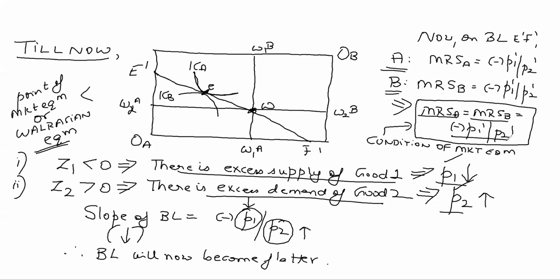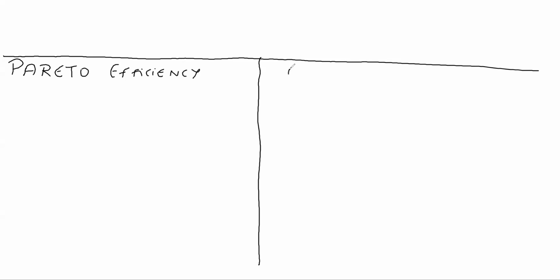First of all, you should not confuse the concept of Pareto efficiency and market trade. The two concepts are completely different. Pareto efficiency is completely different from market trade. Pareto efficiency, Walrasian equilibrium, also called market equilibrium.